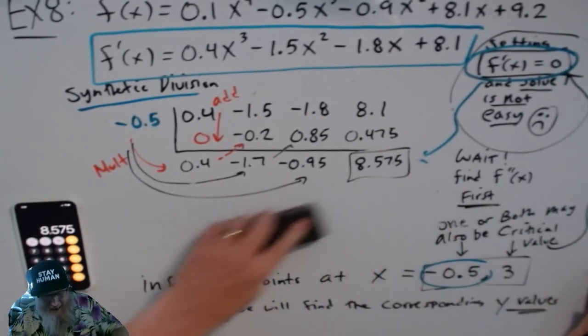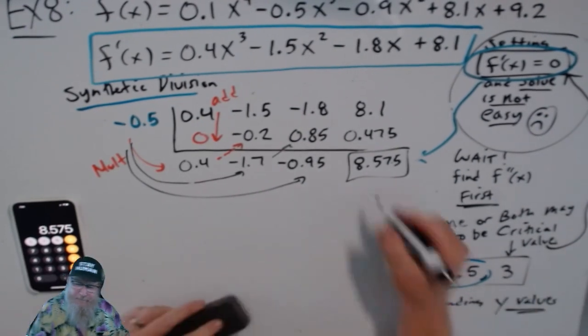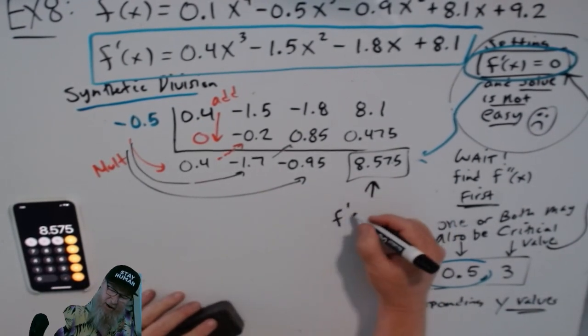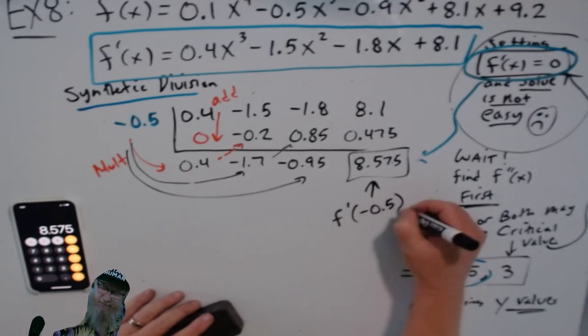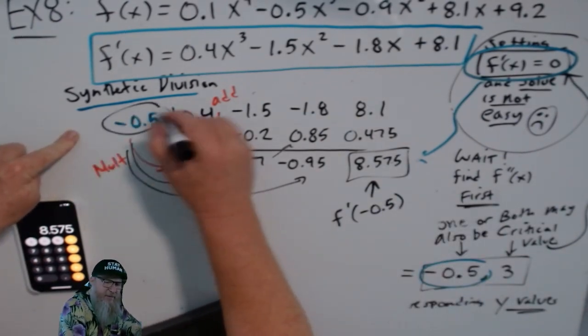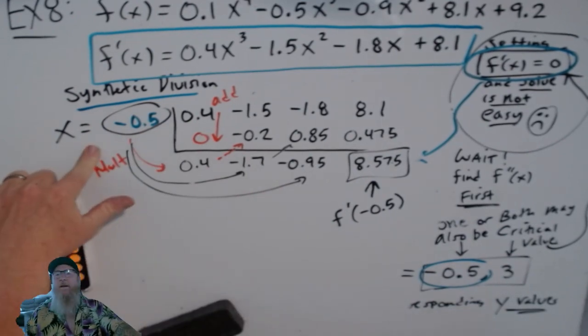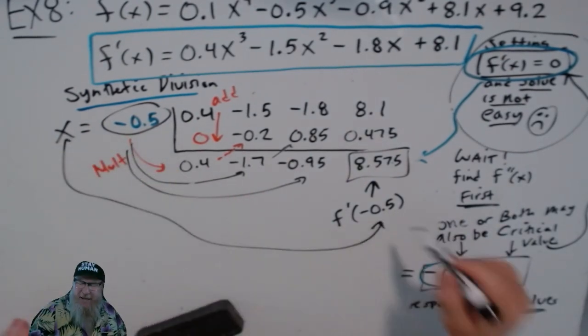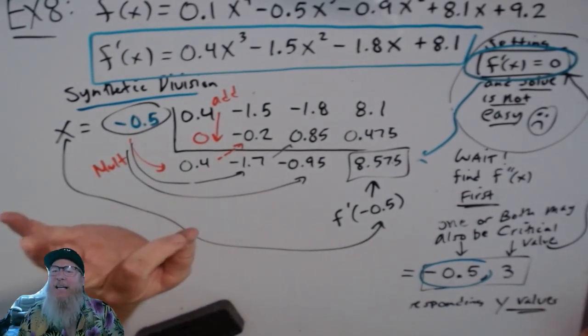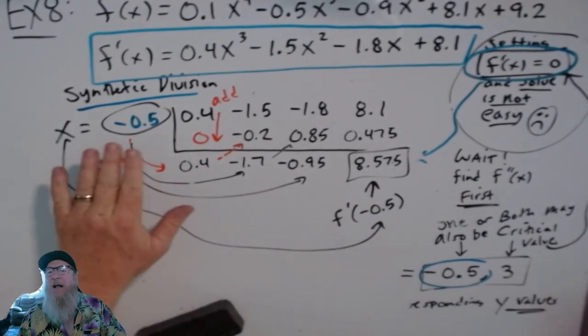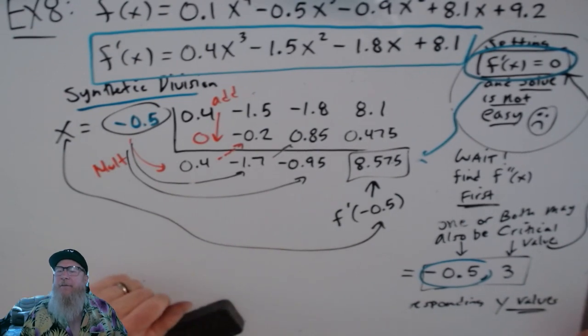This is the value of f prime of x. This is your x. So it's basically, if you haven't done synthetic division in a while, it's a way of testing whether or not that value is a critical value.